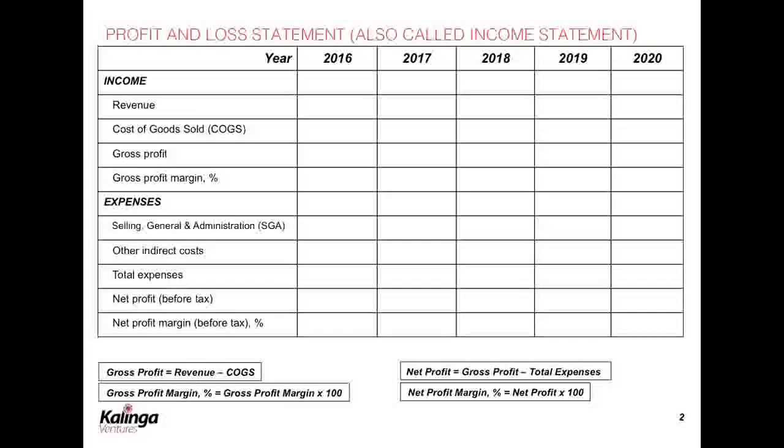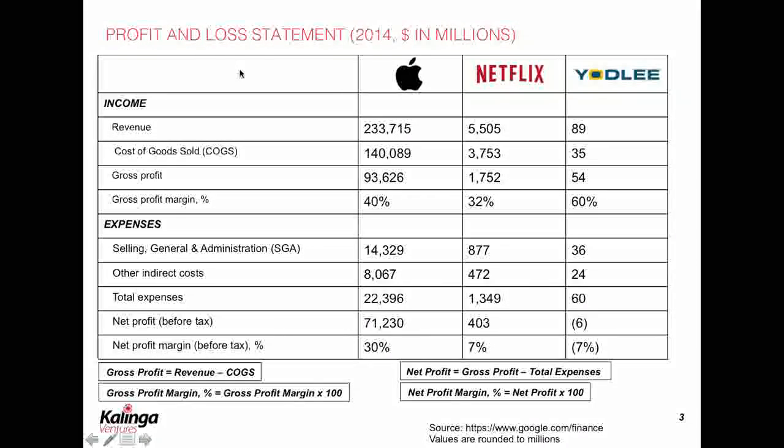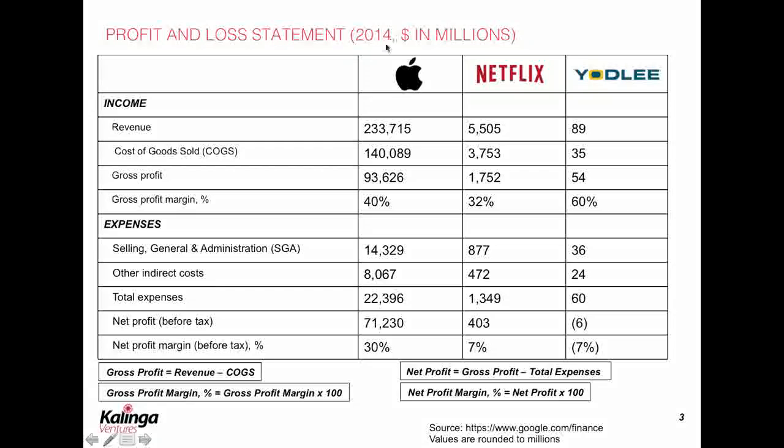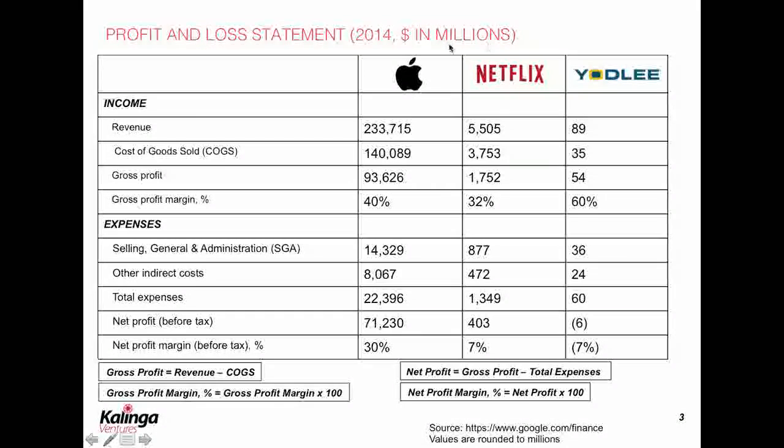So let's look at some profit and loss statements of three companies, and this is for 2014, and all numbers are in dollar millions. So the first company is Apple, which everybody knows. They make laptops, they make iPhones.